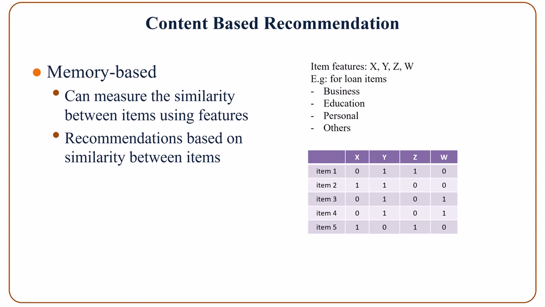As an example, we have a data set of items with features such as X, Y, Z, W. There may be many features, for example, with a data set of loan items in which each row is a loan, and there is a column for loan purpose, which after one hot encoding, we may have 4 different columns, such as business, education, personal, and others.